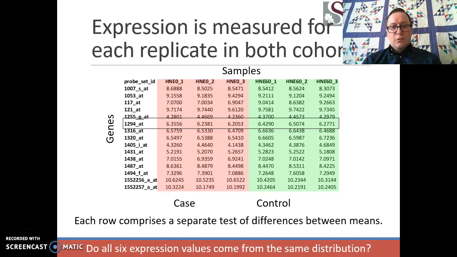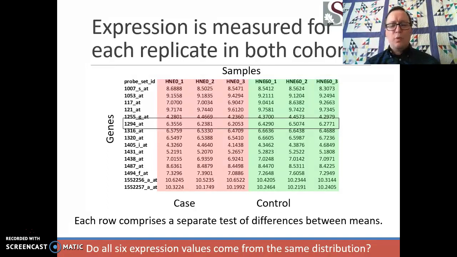In this case, we're going to be looking at the data for a particular gene separately from our examination of all the other genes. So in this case, I've highlighted 1294_AT. Just this particular gene probe is going to be used, and we're going to examine these three values for the HNE0 cohort versus the three values we see for the HNE60 cohort.